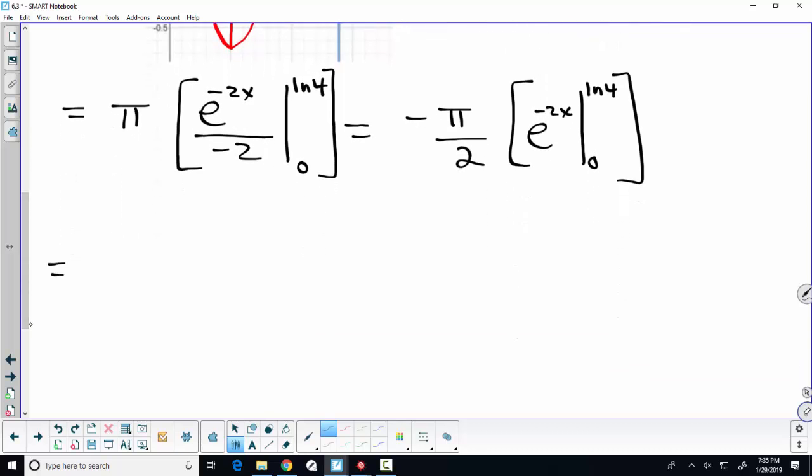Plug that in, minus pi over 2. ln4 goes in, so we have e to the negative 2 ln4 minus e to the 0.